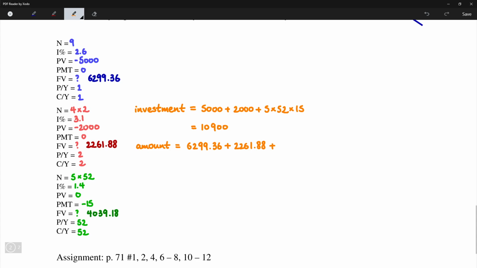And the third part was $4,039.18. So added together, we have $12,600 and 42 cents.